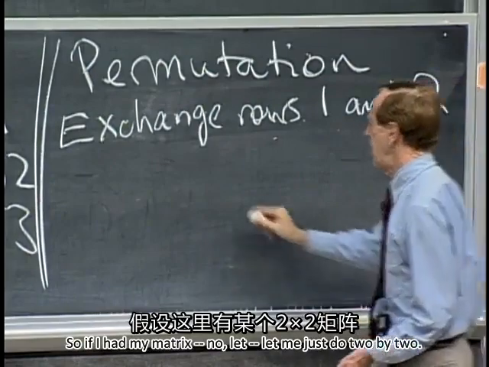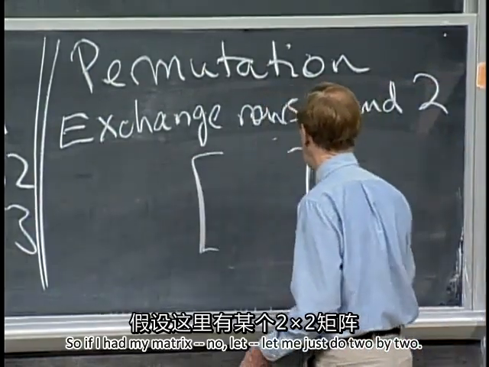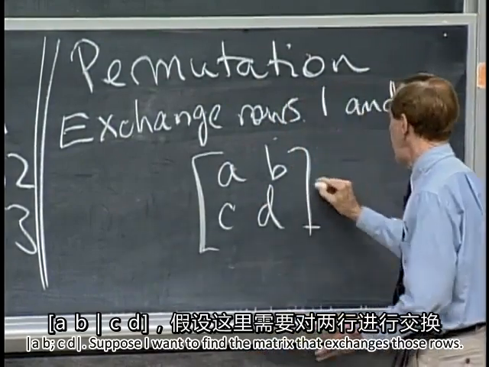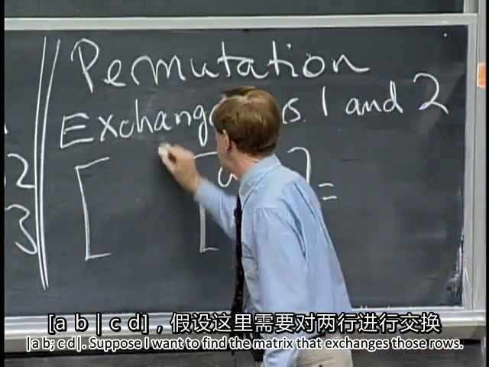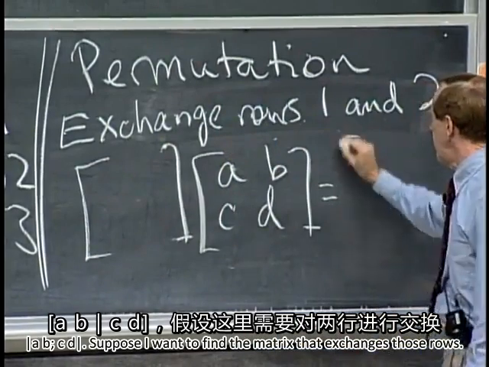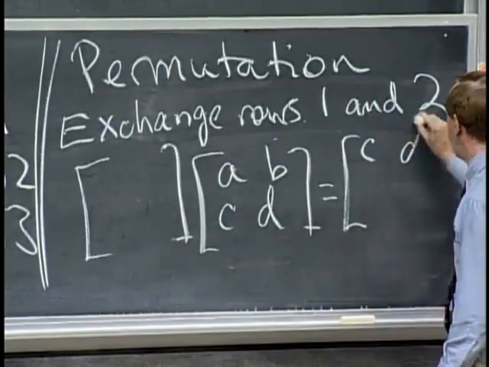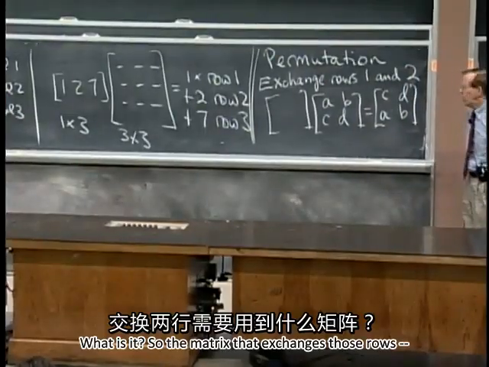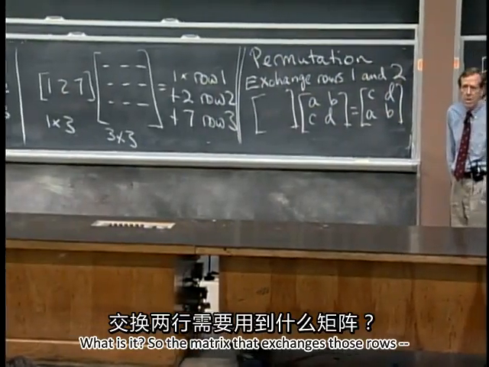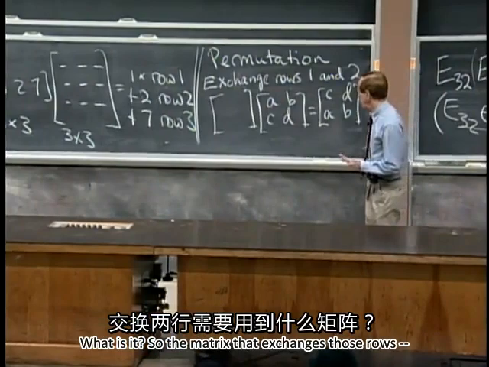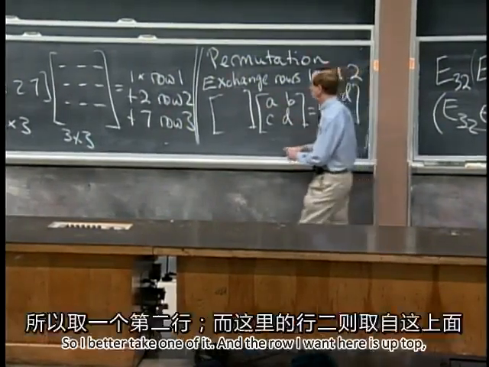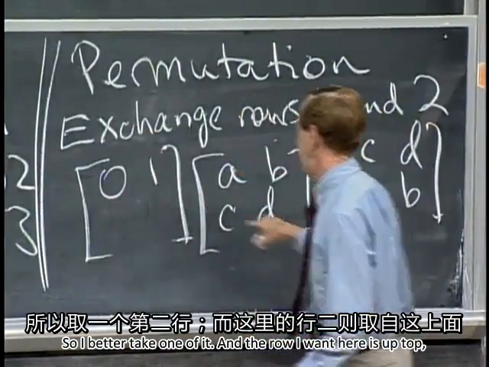So if I had my matrix, let me just do 2 by 2, A, B, C, D. Suppose I want to find the matrix that exchanges those rows. What is it? So the matrix that exchanges those rows, the row I want is CD, and it's there. So I better take one of it.